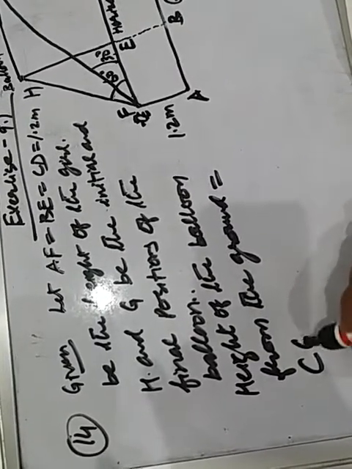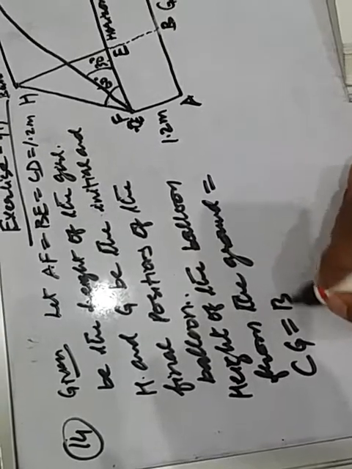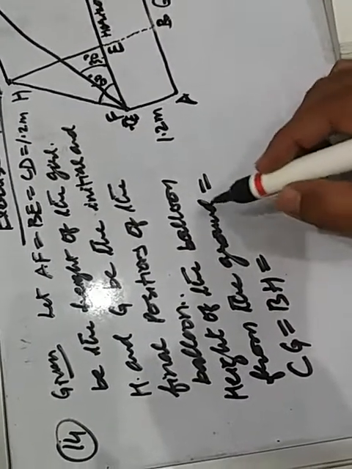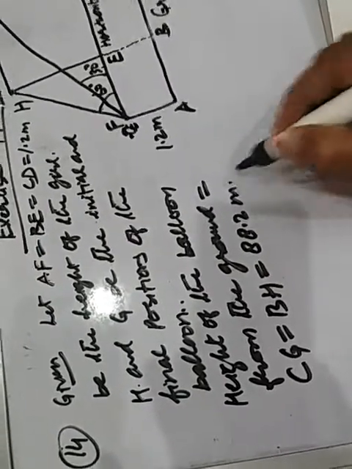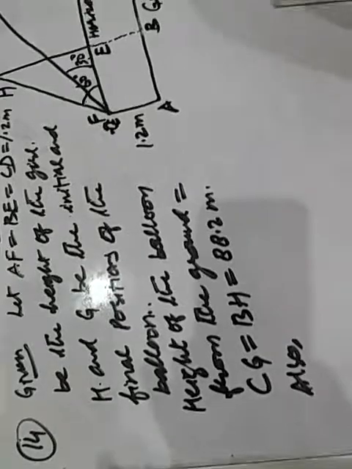Ground equal to CG equal to BH. CD equal to BH equal to 88.2 meter. Clear? Also, this much is given. Whatever is given, we have to introduce each and everything.